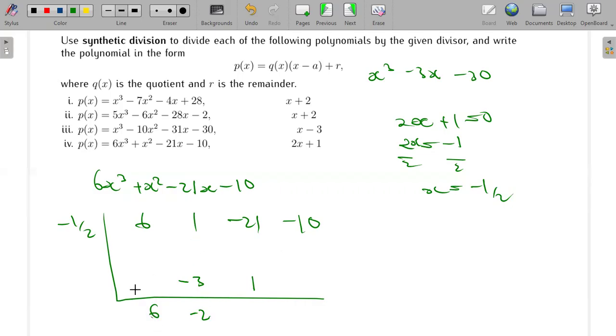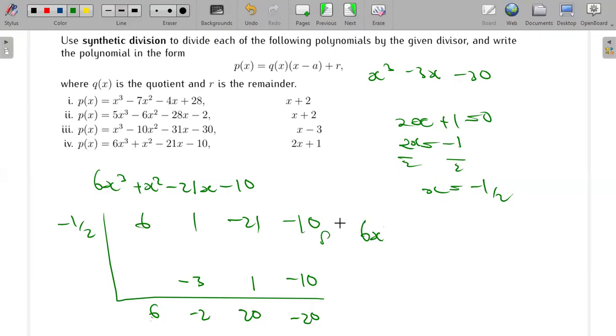So here 0, you get 6, 6 there, you get negative 3. Here you add, you're going to get negative 2, negative 2 there, you get 1. Yeah, you get 1. And then here when we add, we get 20. 20 multiplied by that gives us negative 10. Then when we add here, we get the remainder, negative 20.